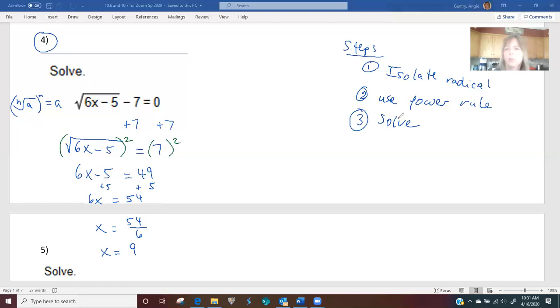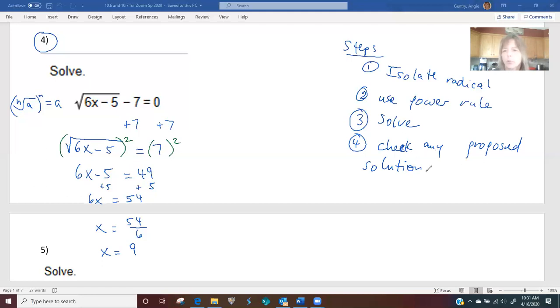And then, so we solved, and then we're going to check any proposed solution in the original, okay? Meaning, if it starts out radical, you have to make sure that it'll cause a true statement if you plug it back into the original, and this is actually mandatory at this point.